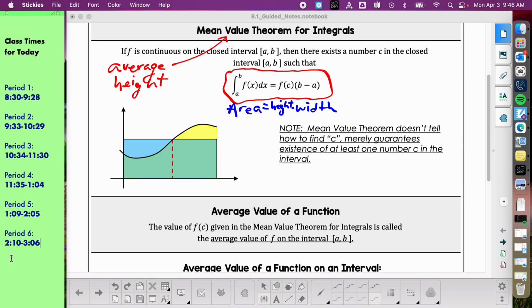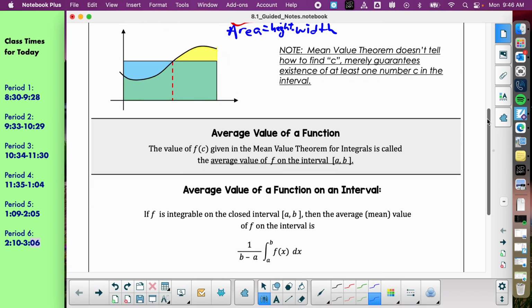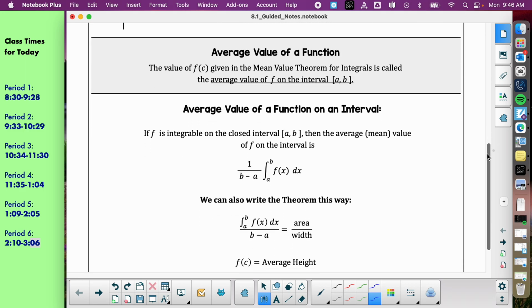So I thought you might already be somewhat familiar with this topic, even though this is the actual theorem. And this is now just going to be whatever function you have. Like it's not gonna be a geometric one where you find the area by hand. But either way, the goal of this is your average height. I think it's on the bottom of the page. Yeah. The average height is gonna be the area, and then this is kind of how you can say divided by the width.